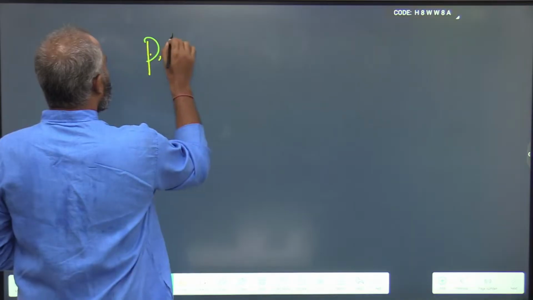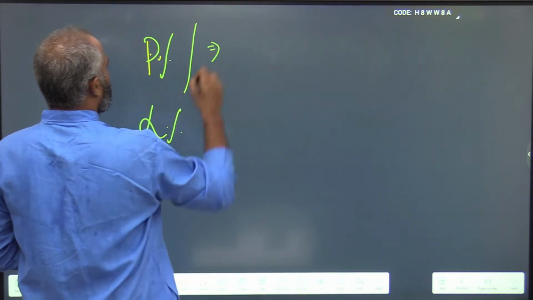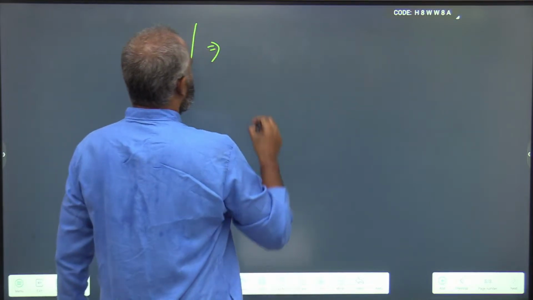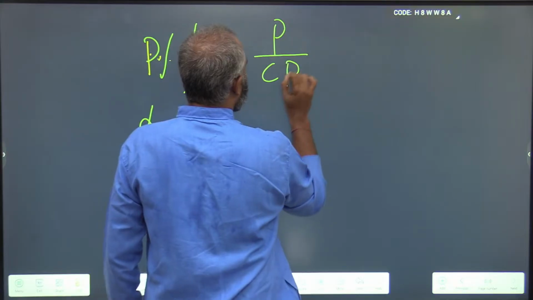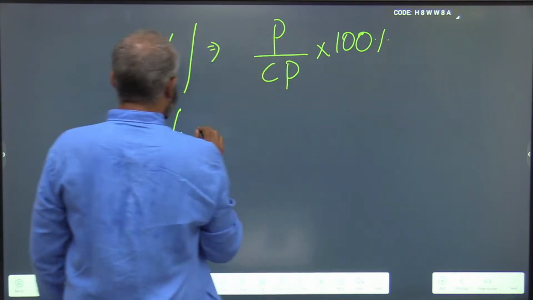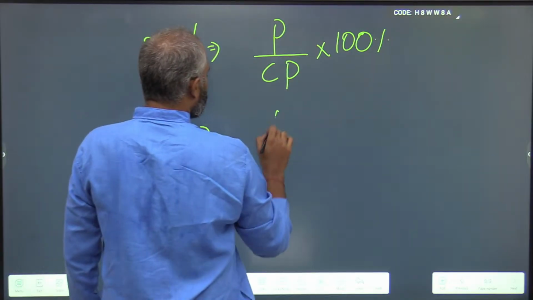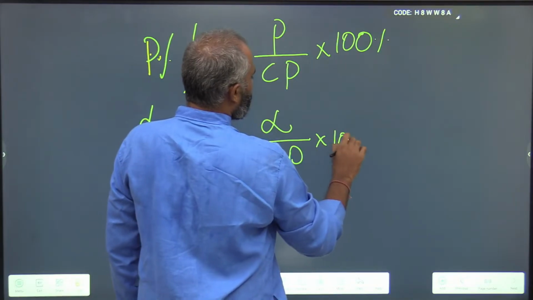Thereby we need something like profit percentage or loss percentage. So what is profit percentage? Profit percentage is profit by cost price into 100%. In the same way, loss percentage is loss by cost price into 100%.